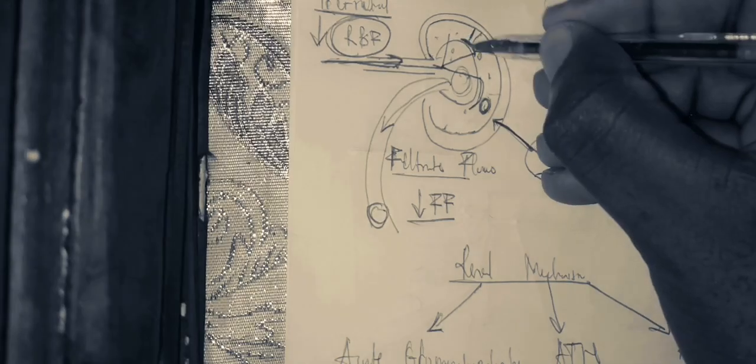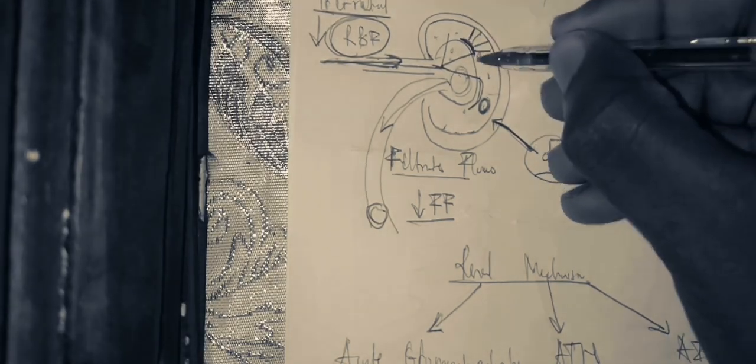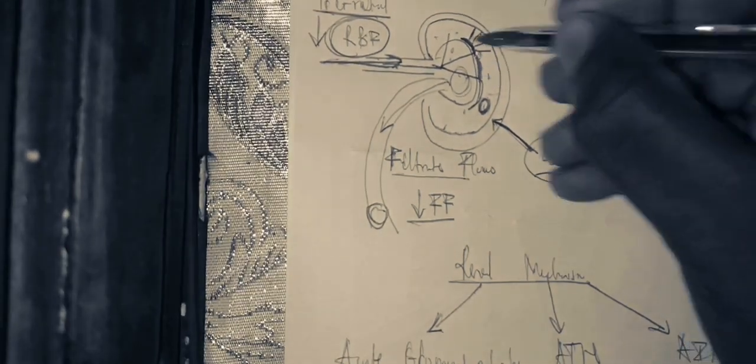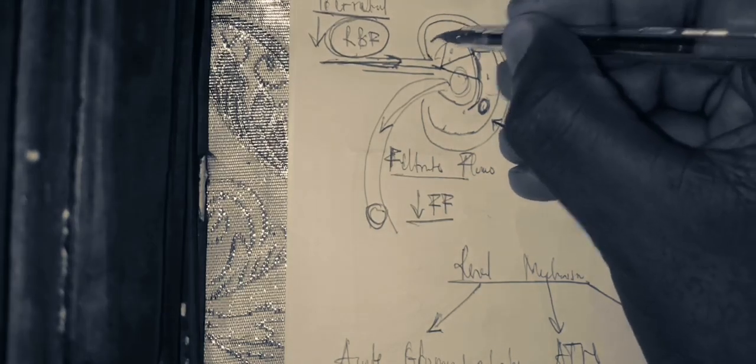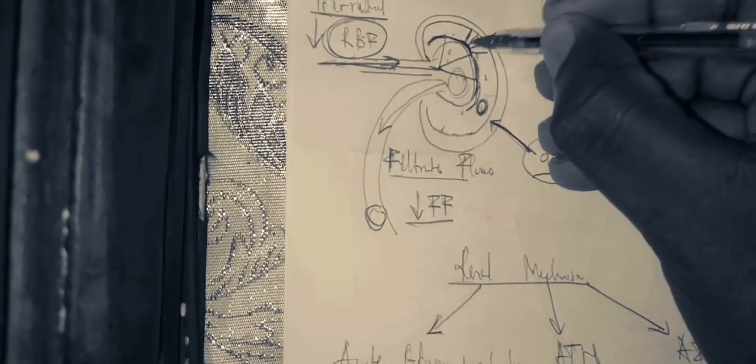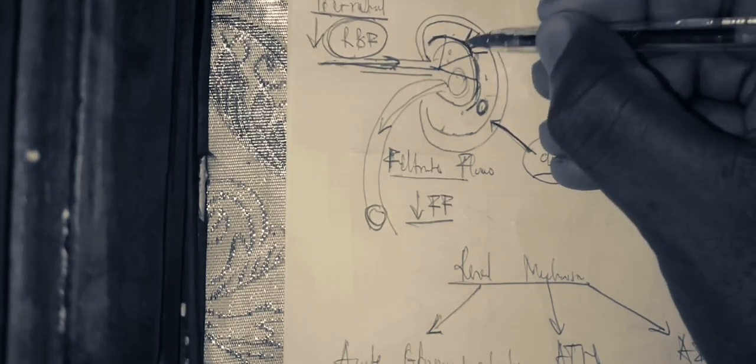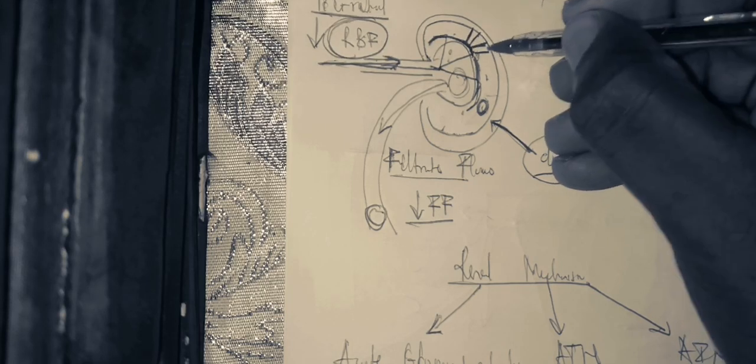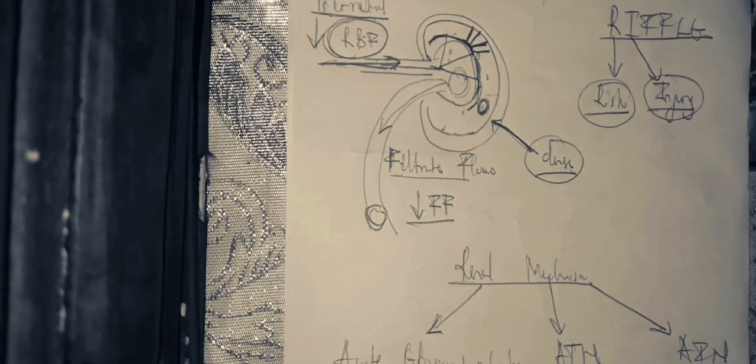The arcuate arteries supply the interstitium of the kidney, while the afferent arterioles supply the nephron at the level of the glomerulus.